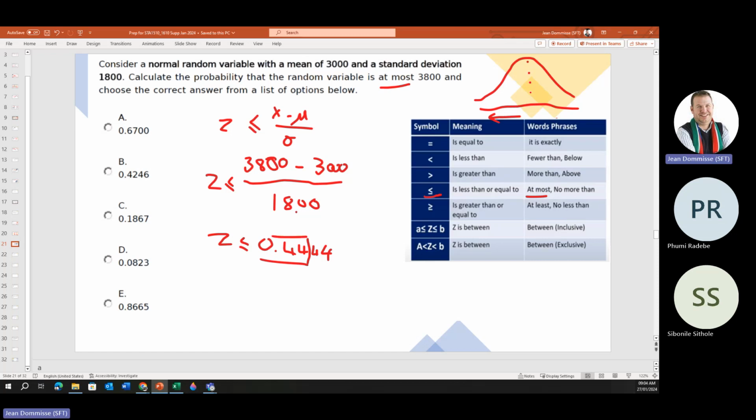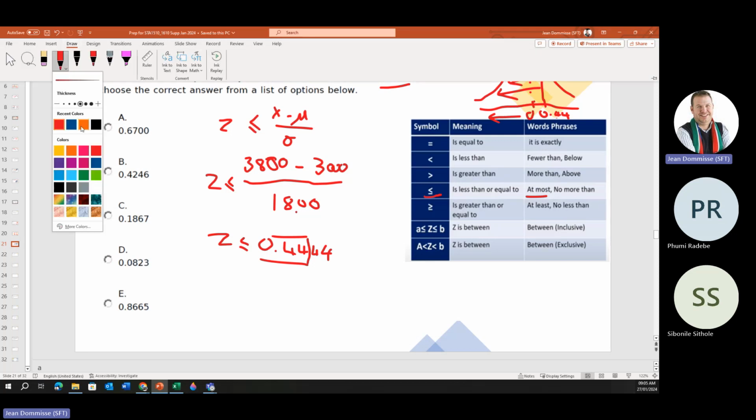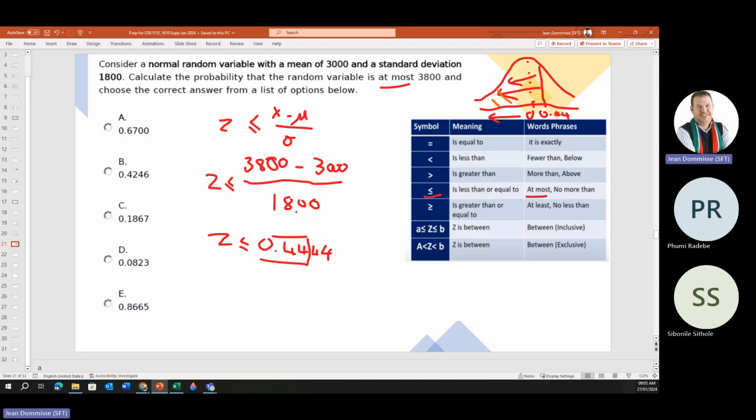Okay, so we're looking at a 0.44. So somewhere there, we will need to work out what is that probability. Okay, so let's get a few clues. So we know from the previous questions, where it's 0, that area, and let's draw it in orange, is already 0.5.